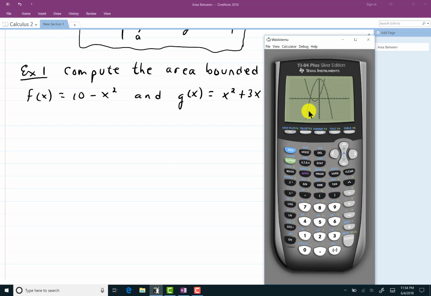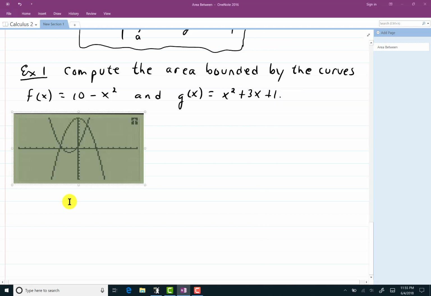So here we've got ourselves a graph. Let me get a picture of that. All right, we got our graph. Let me go ahead and label the various parts. This graph right here, the first one to be drawn, was the 10 minus x squared. So that is f of x.